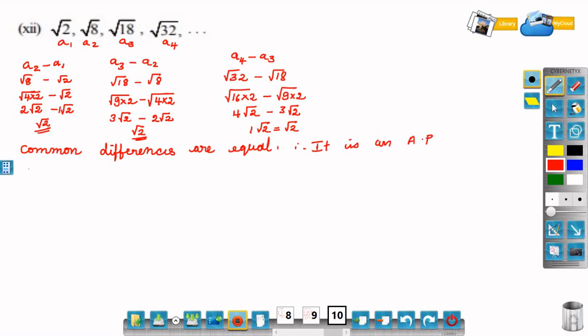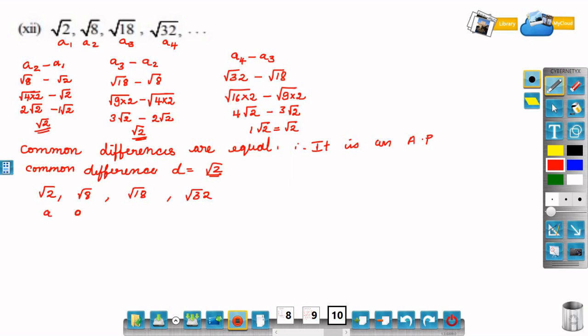What is the common difference? Common difference denoted by D is equal to root 2. Write the next 3 terms. Now first 4 terms are given: root 2, root 8, root 18, root 32.